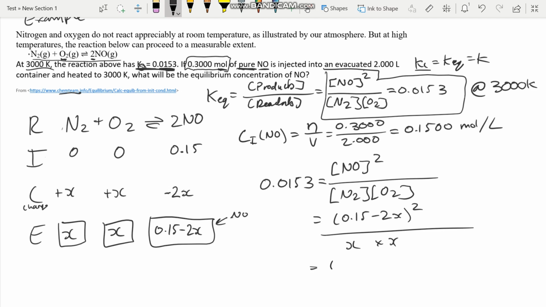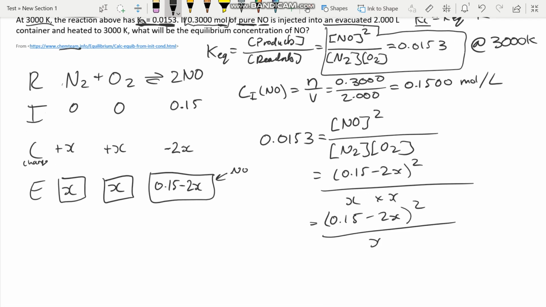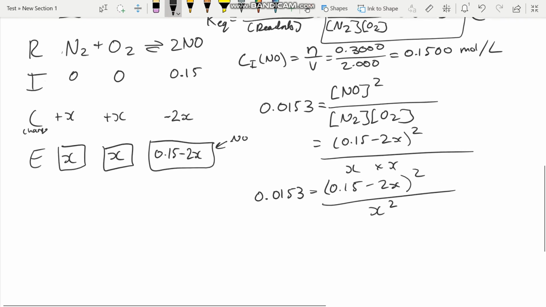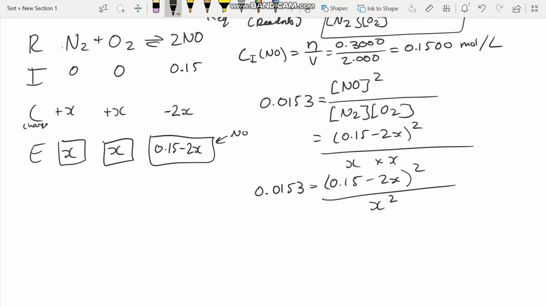So really this equals (0.15 minus 2x) squared over x squared, equals 0.0153.